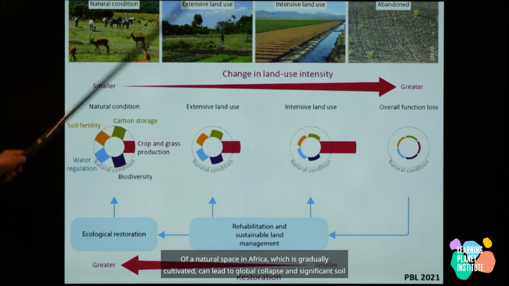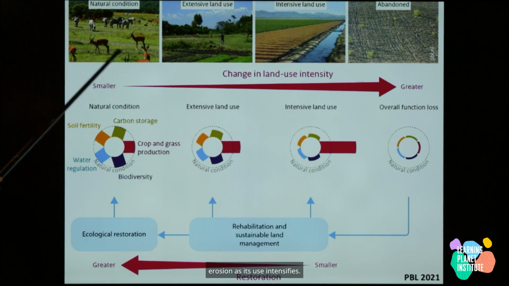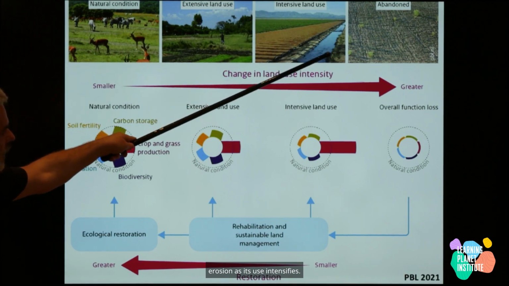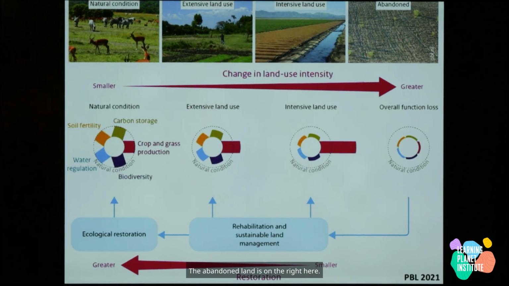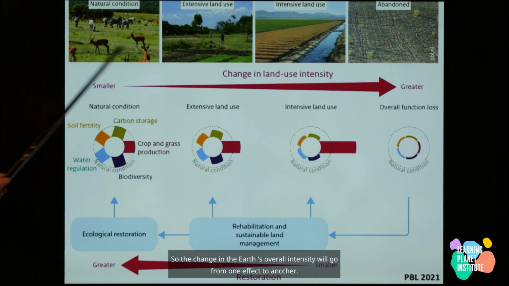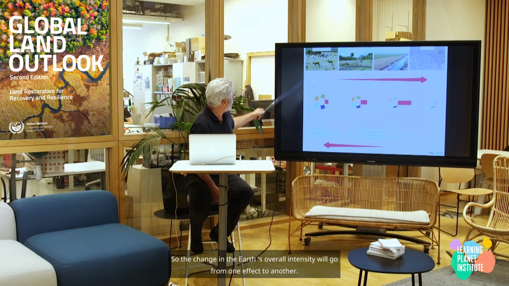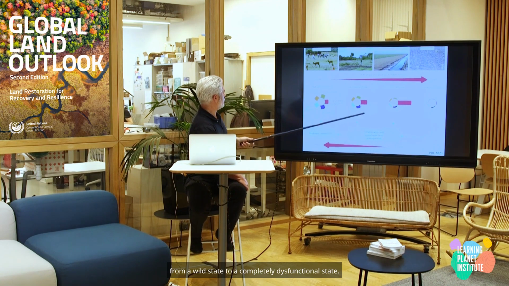The abandoned land is on the right here. So the change in the Earth's overall intensity will go from one effect to another, from a wild state to a completely dysfunctional state.